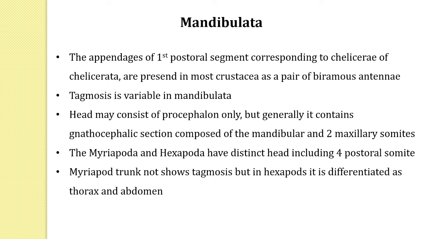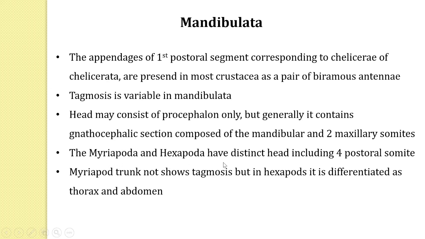Among the crustacea, it is divisible into the cephalothorax and abdomen, while in the case of the myriapoda, it is head and trunk. So tagmosis is variable among the different groups of the mandibulata. The head may consist of the procephalon only, but generally it contains a gnathocephalic section composed of mandibular and two maxillary somites, which is again a constant feature among the group belonging to the mandibulata.